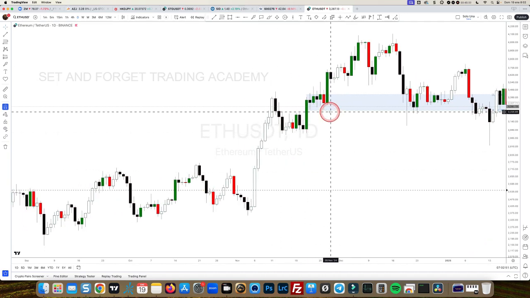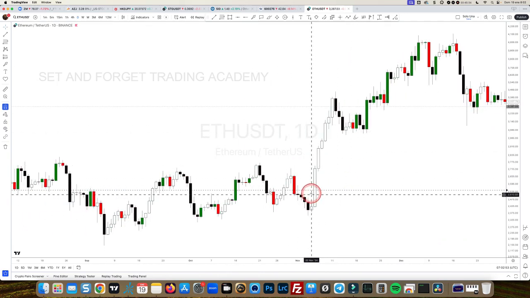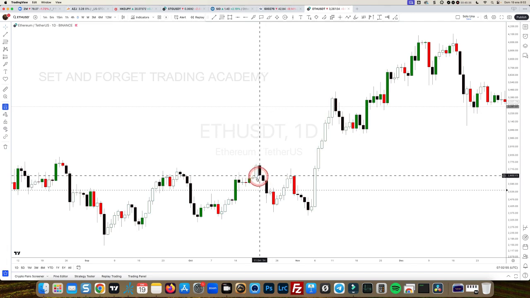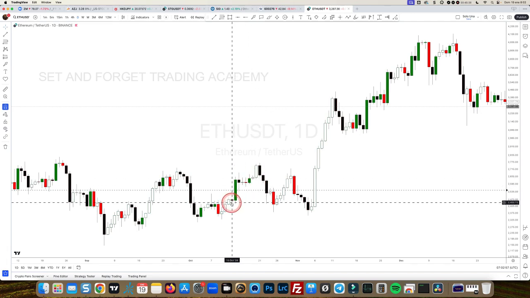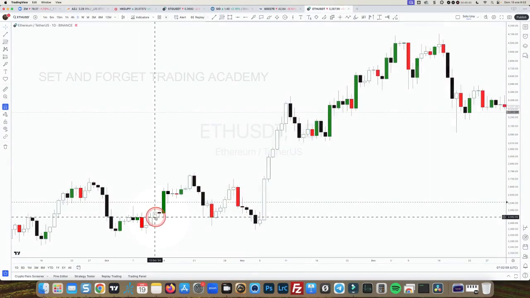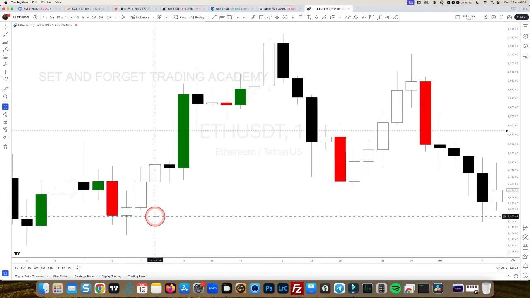If we continue going to the left, there is no CP here, nothing there, and then we've got one over there. So let me lock in the zoom, okay?